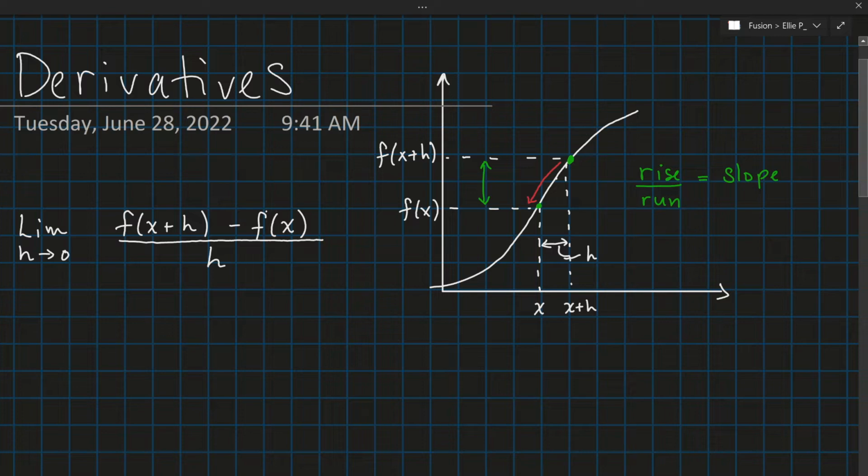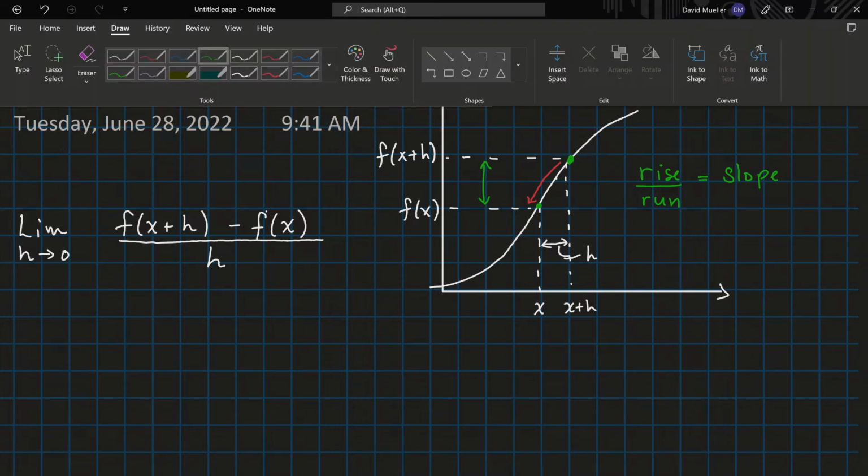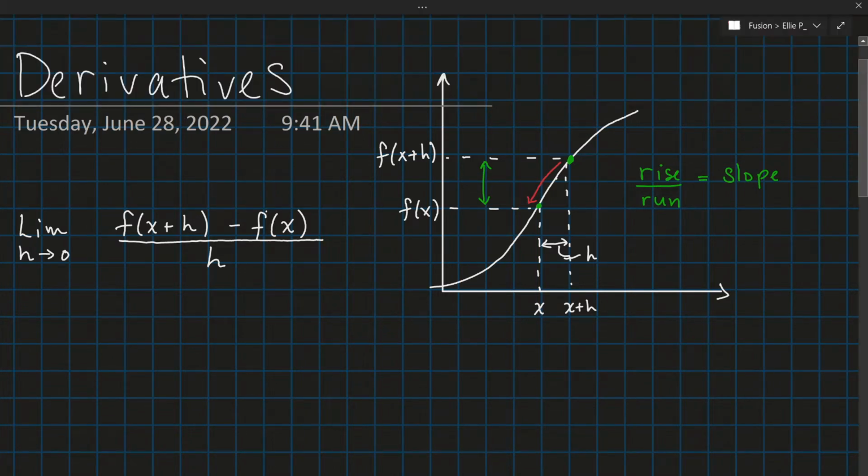And then, as we said, as we start to take that limit and it gets closer and closer to f of x, then we're actually getting the slope at that exact point. So normally, if we go back to Algebra 1, you have the slope of a line, right? And that is your rise over your run. And your slope formula is m equals y2 minus y1 over x2 minus x1.